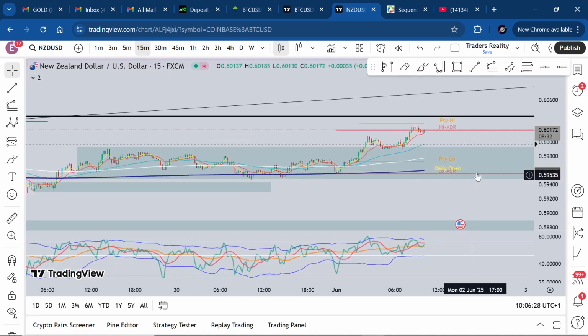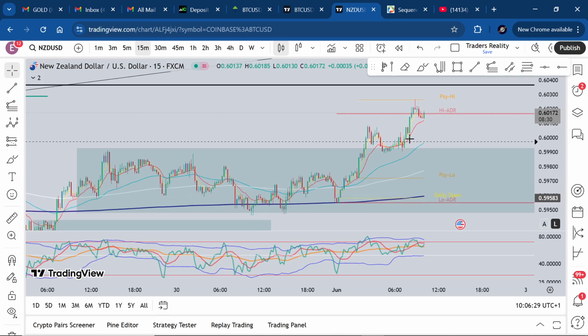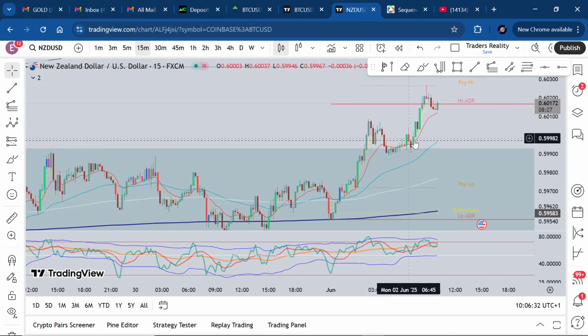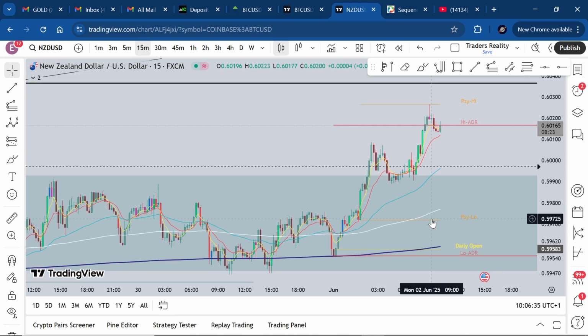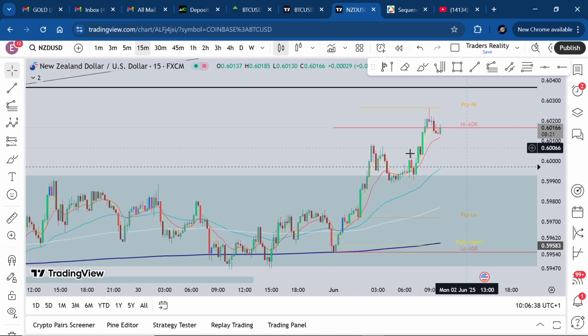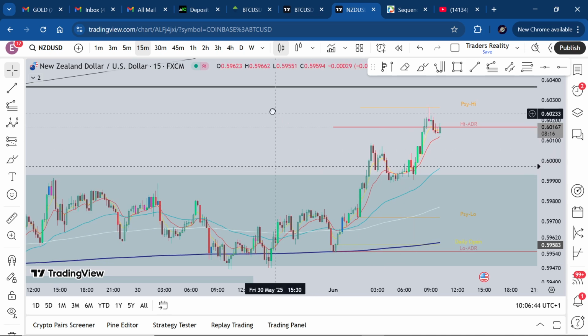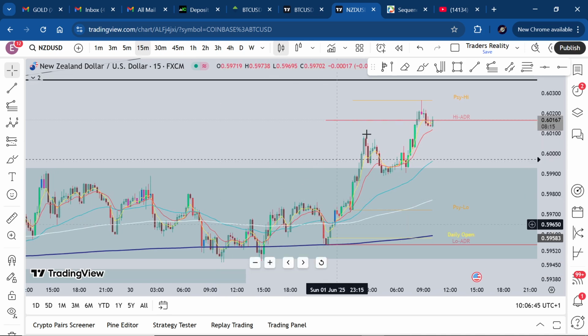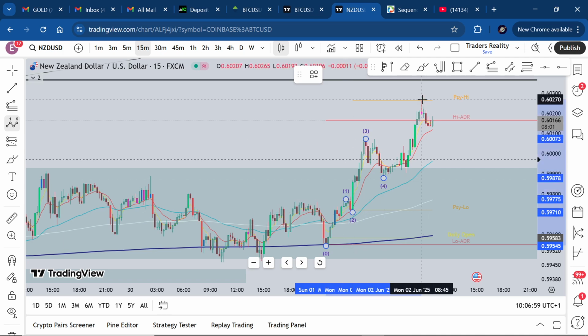On the 15-minute time frame, we zoom in, basically. We can see that we have some form of a reaccumulation here. This could be the fourth wave of the entire move or the fourth wave of our third wave, which, if we look at the count, is looking like the fourth wave of our third wave. 1, 2, 3, 4, and 5.